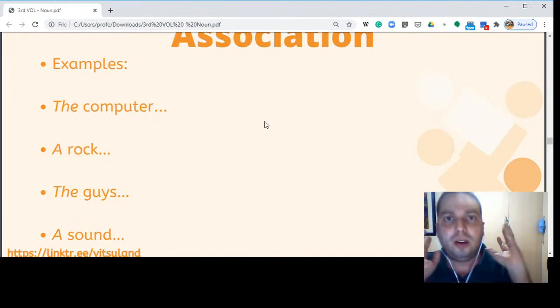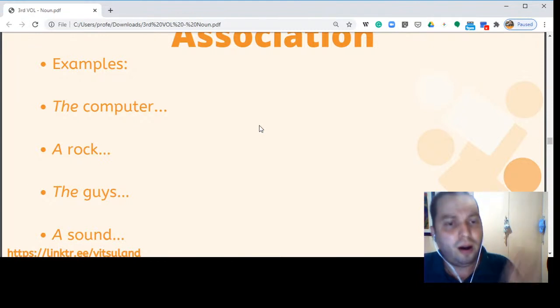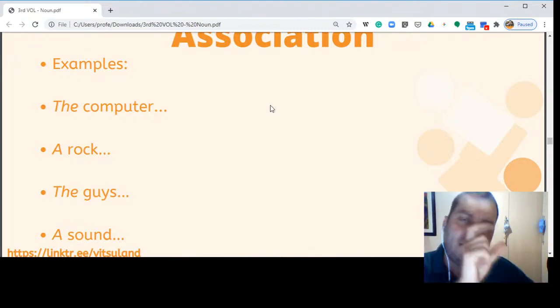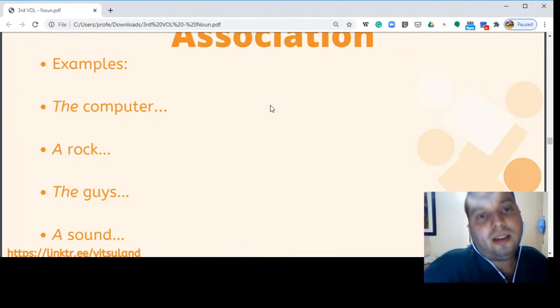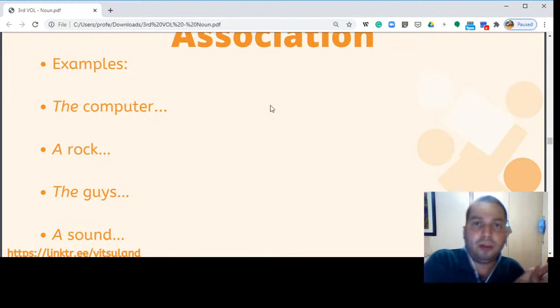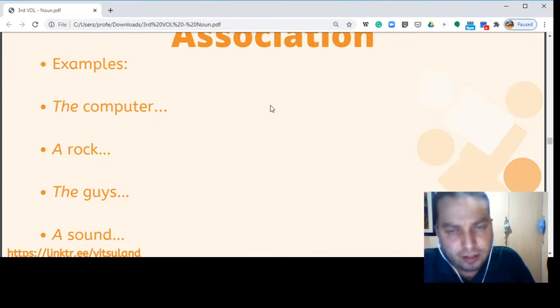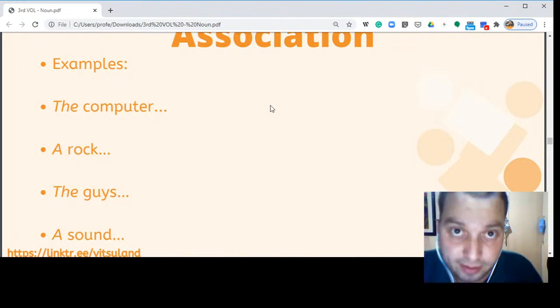So this vol is related to nouns. Today we're just going to talk about nouns, right? So the computer, a rock, the guys, the sound, just notice that we always have these articles: the as definite and a as indefinite, okay? That's the idea, just to remember and to associate, because we don't learn a language, no matter which language, without a context, without a circumstance.